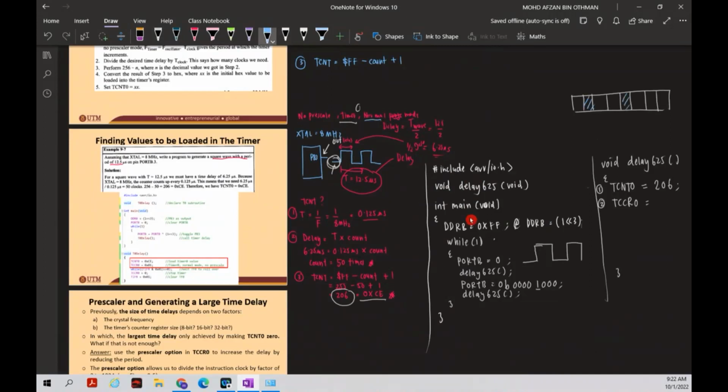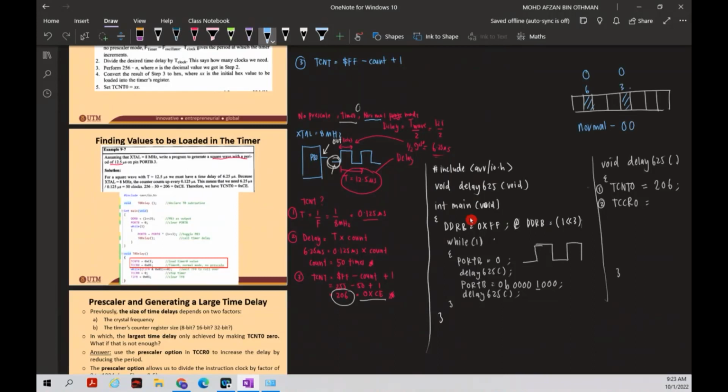What would be the value that you're going to put here for the normal mode, 00 or 01? Who's going to help me? What is the value that you're going to put here at bit 6 and bit 3 for the normal mode or overflow mode? The other name is overflow mode. Okay, so the value is 0, 0. So you put 0 here and 0 here. That is for the mode setting.